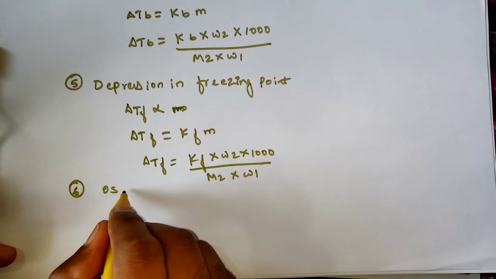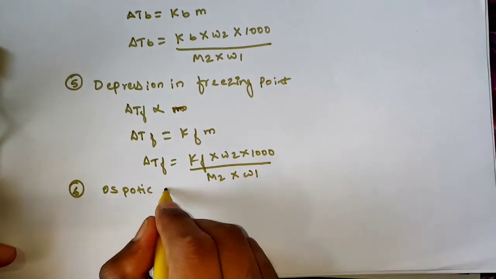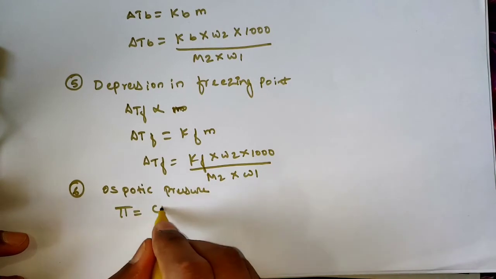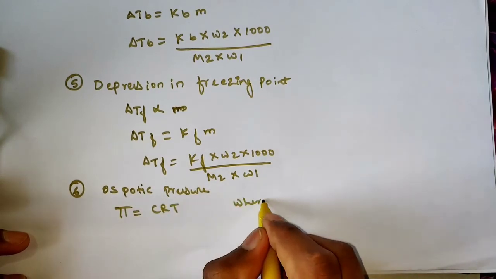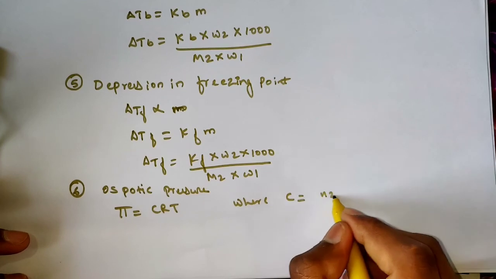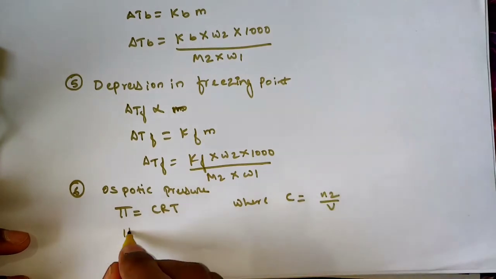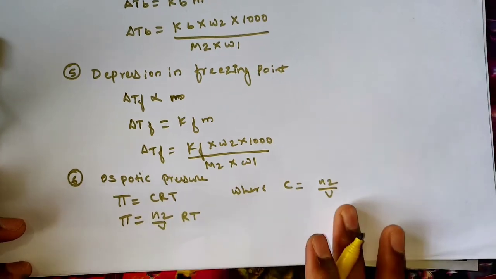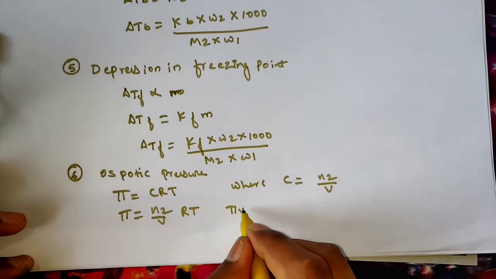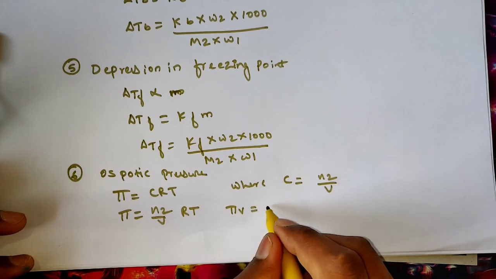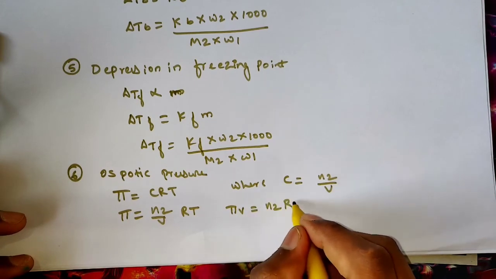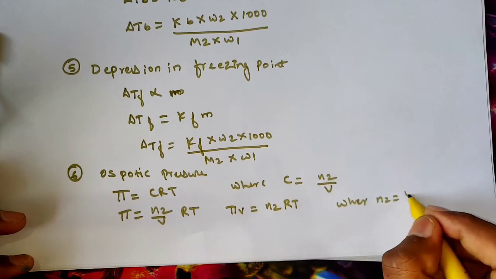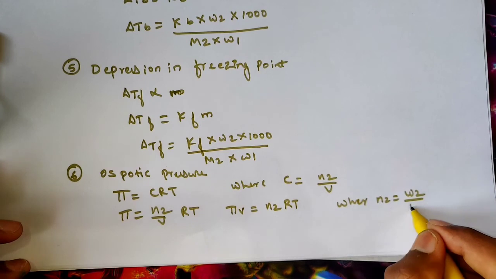The last one is osmotic pressure. For osmotic pressure, we know the equation pi is equal to CRT, where C is equal to n2 upon V. So applying this, pi is equal to n2 upon V RT. On rearranging, we can write this as pi V is equal to n2 RT, where n2 is equal to W2, that means the given mass, upon the molar mass.